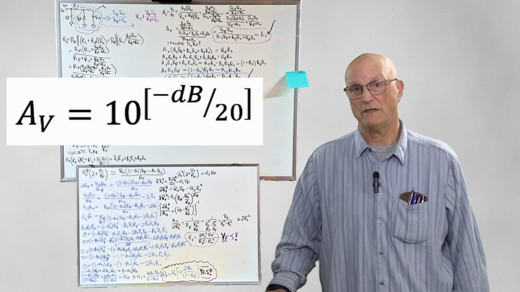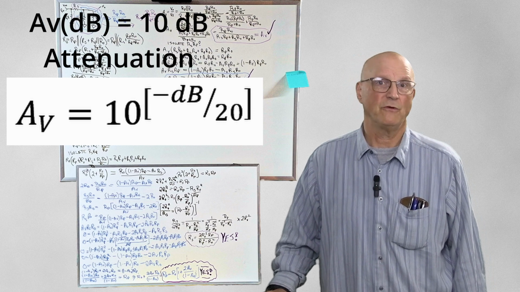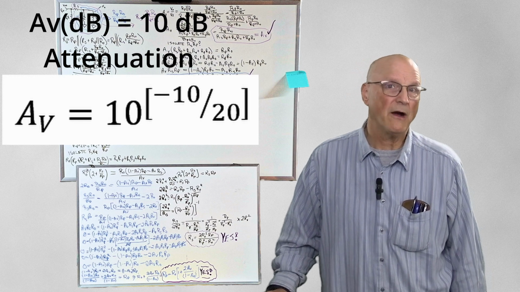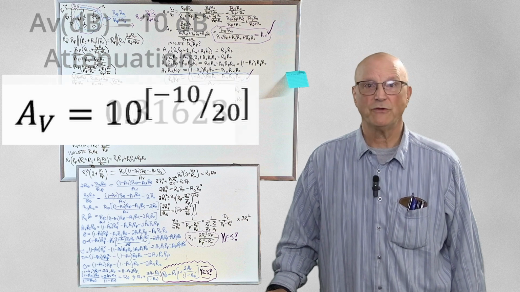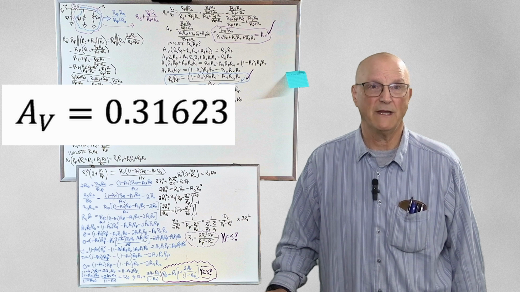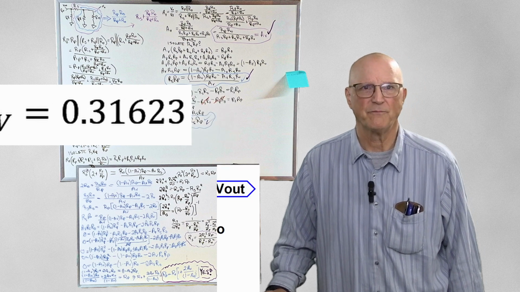For example, if we assume an attenuation of 10 dB, then the voltage gain will be equal to 10 brought to the power minus 10 over 20, which gives us a voltage gain of 0.31623. Now, let's turn our attention to the circuit.